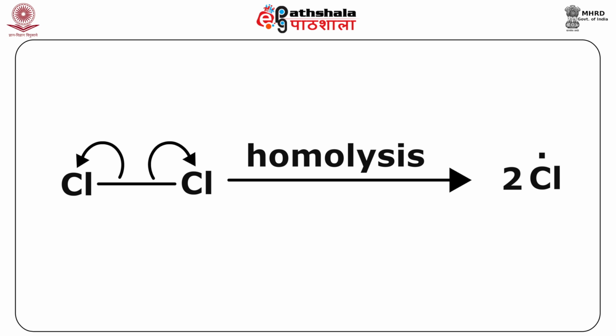Now, this range of high temperature is required in order to dissociate the chlorine molecule fast enough to effectively initiate the chain mechanism, and this is because the Cl-Cl bond has a high bond dissociation energy of 58 kilocalories per mole. For most organic reactions involving radical chemistry in the laboratory, radical formation is initiated at temperatures below 100 degrees centigrade by adding a few percent of a substrate called an initiator, which has a relatively weak bond.